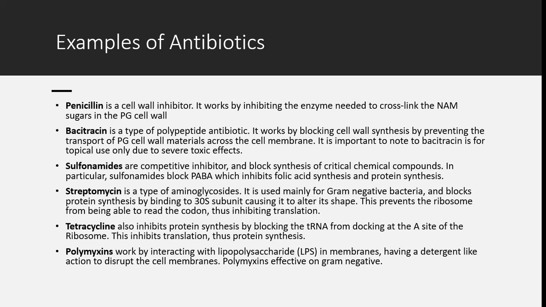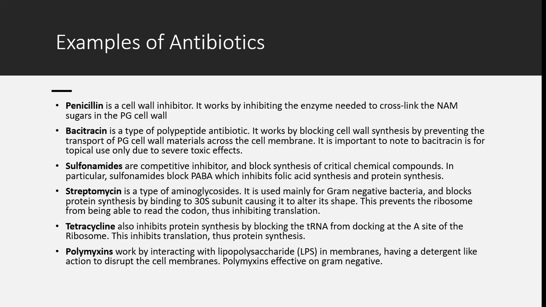Why? Because it prevents the transport of those peptidoglycan components across the cell membrane where they're needed to construct that peptidoglycan cell wall. So as we just stated with penicillin, if you disrupt the peptidoglycan cell wall, that makes the cell more fragile, and more vulnerable to various things that can cause it to lyse.